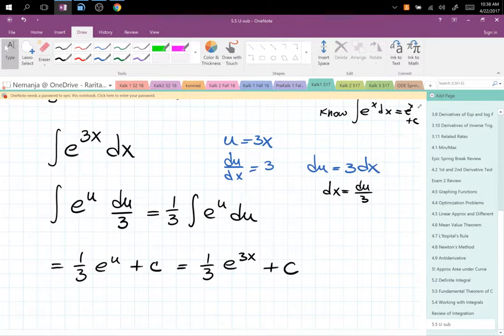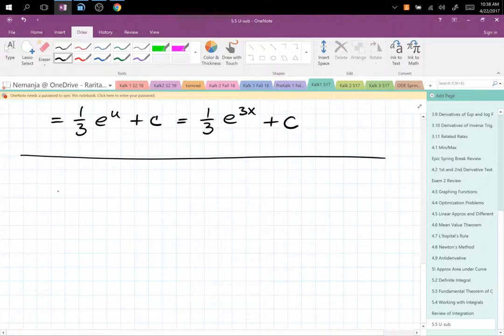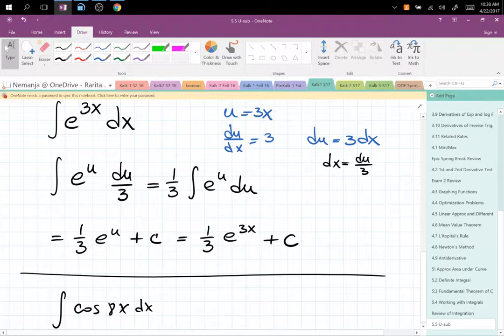So I would like to challenge you with figuring out the integral of cosine of, I don't know, 8x dx, right? And I'm telling you that the steps are going to be identical to what you had for e. So get that 1/8 sine using the same method.